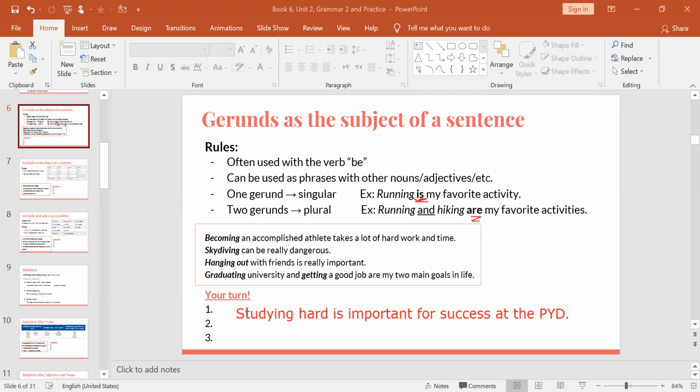And so you have studying hard is your subject, and then the is the verb, and then the rest of it is in the object space. Okay. Good. So let's move on.